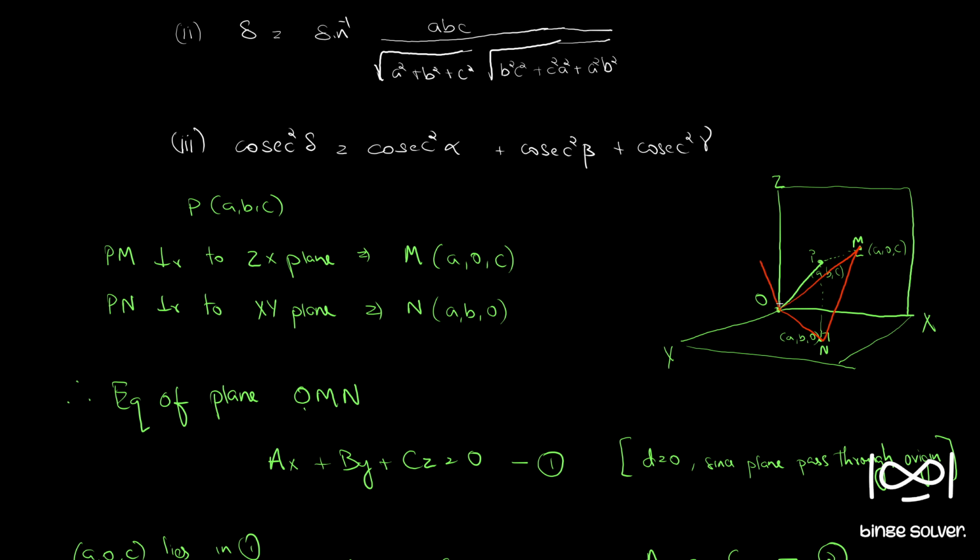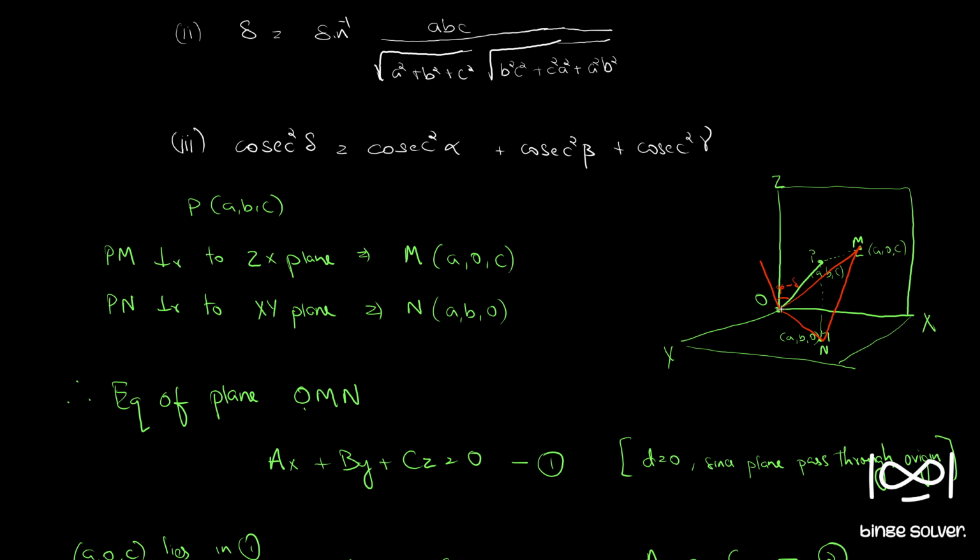The angle this normal makes with OP is the complement of the angle we are looking for, which is the angle this line makes with the plane. So the angle this line makes with the normal to the plane is 90 minus delta. We will find 90 minus delta, and from this we can take delta.